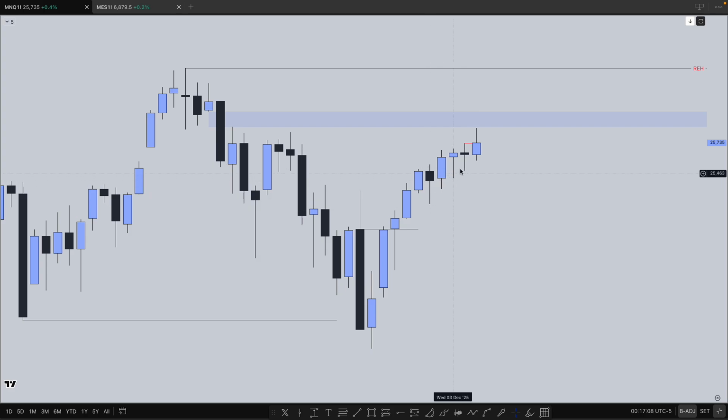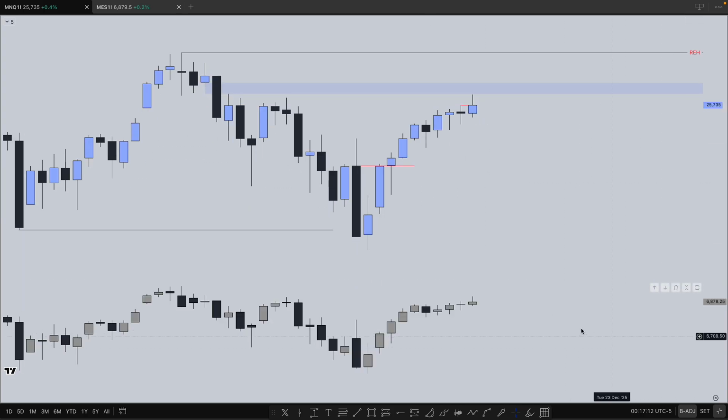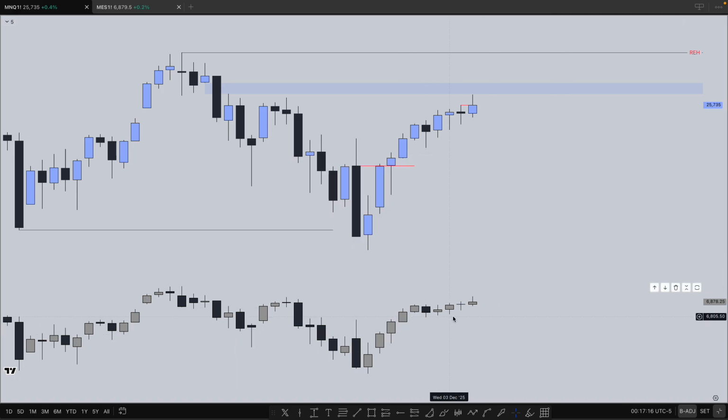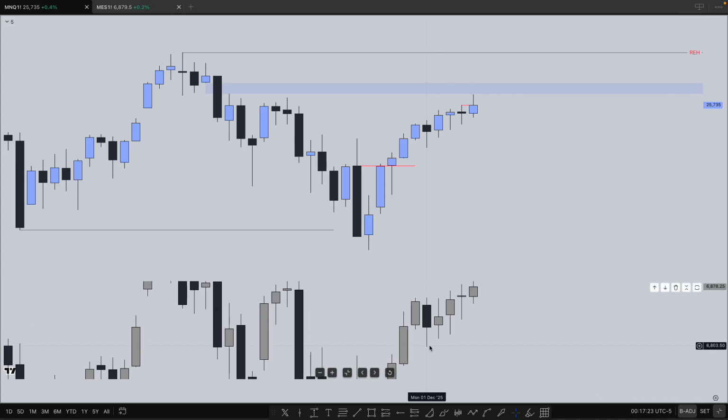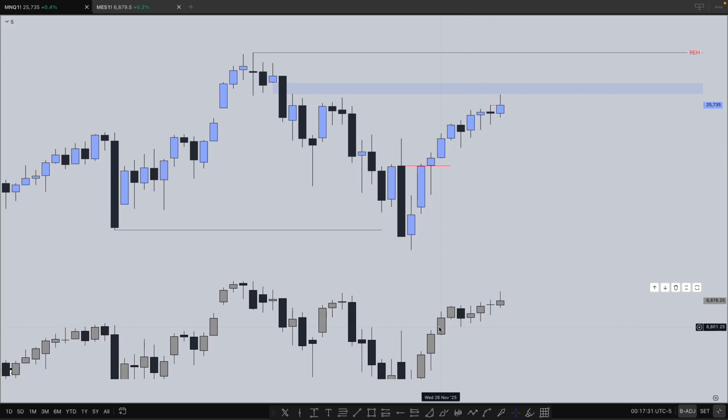Of course, one of these were swept with ES. Let's just bring that up. So ES did sweep one of these previous day lows. I vaguely remember one of these lows being swept. Interesting.